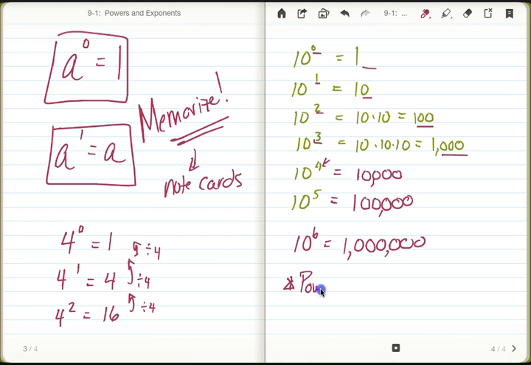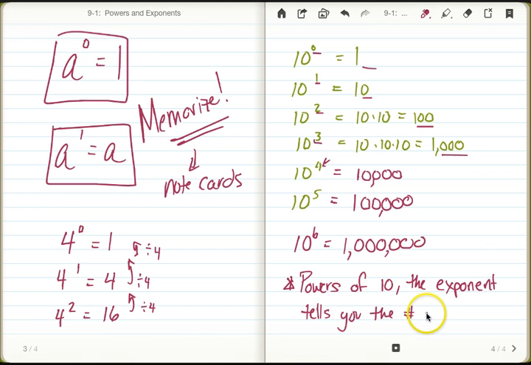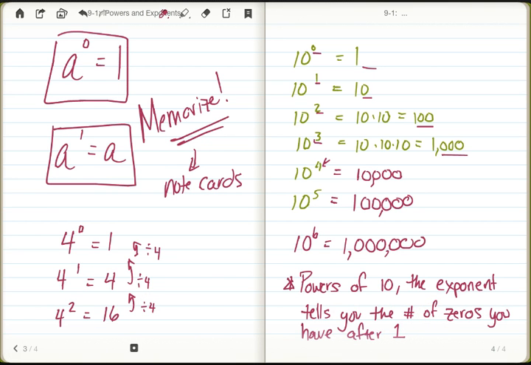So with powers of 10, and this is with positive exponents, the exponent tells you the number of zeros you have after the number 1. Again, another really important point to note, because it will make our lives easier. So just make sure you get that down.